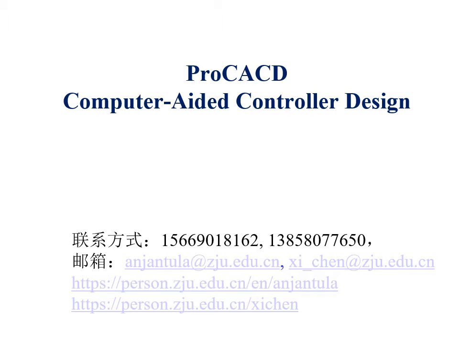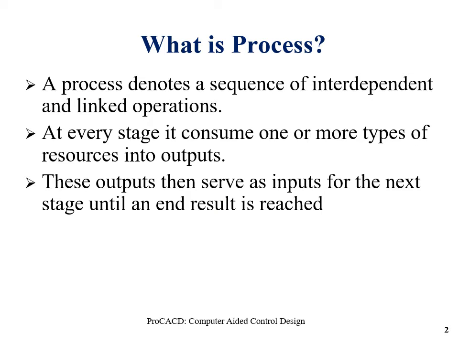Now let's start with what a process is and why we need to control it. In general, a process consists of individual units which are interconnected with one another in a systematic manner.